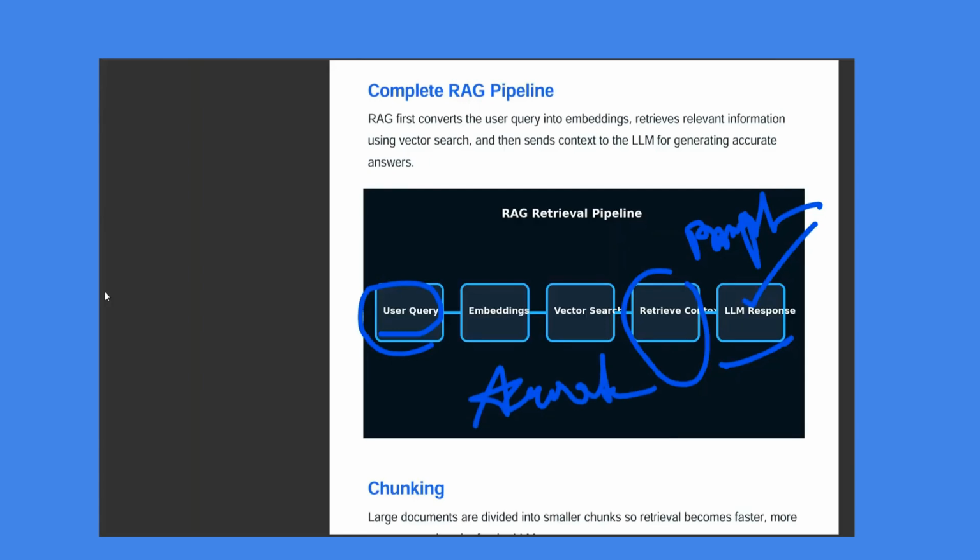And this is the complete intuition behind RAG. For example, think about it like an open book exam. Without RAG, students answer only from memory. With RAG, the student first opens the textbook, finds the correct page, and then answers accurately.